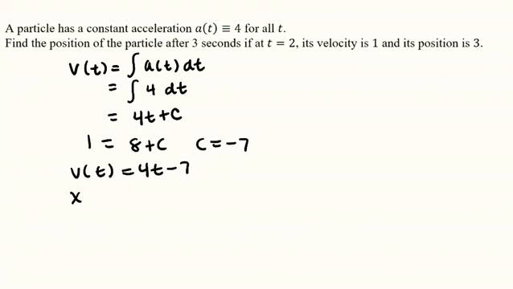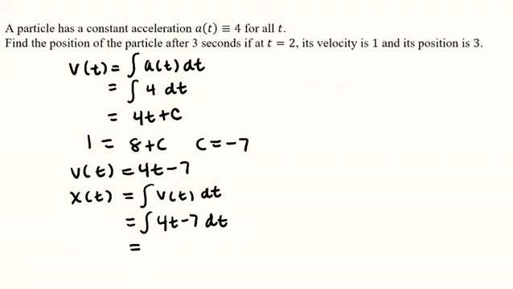Okay, v is the derivative of x, so x will be an antiderivative for velocity. Okay, and that's going to be 4, we're going to increase the power by 1. It'll be t squared divided by 2, so 2t squared minus 7t plus some other constant. And we're going to use the fact that the position is 3 when t equals 2.